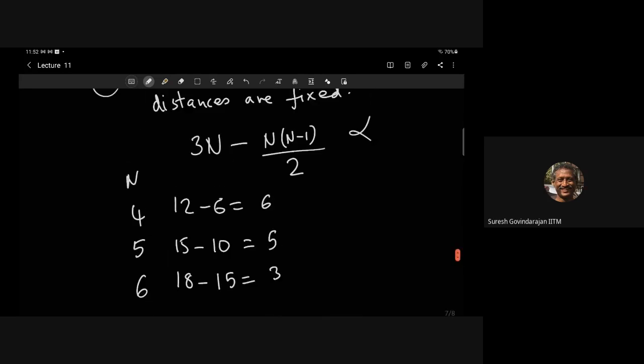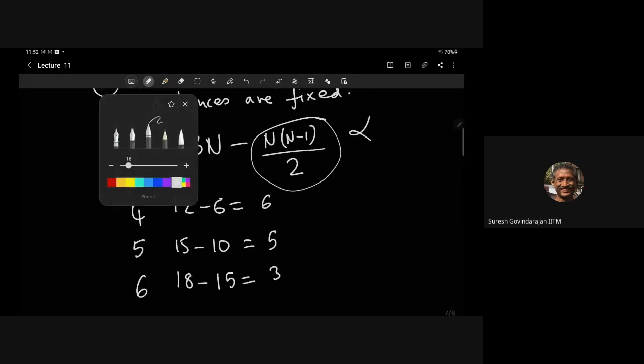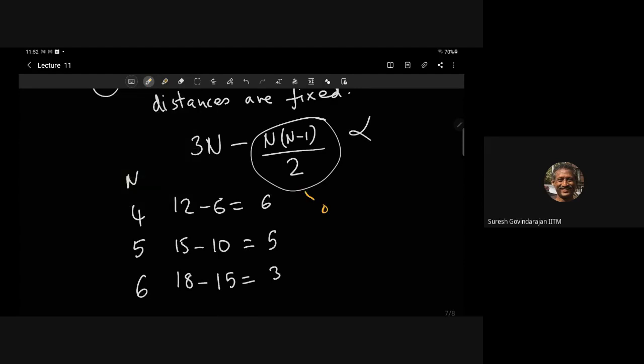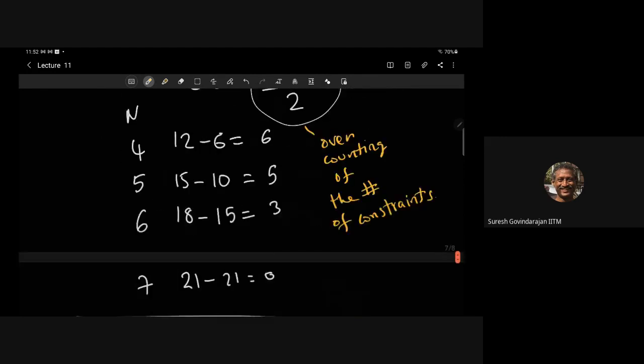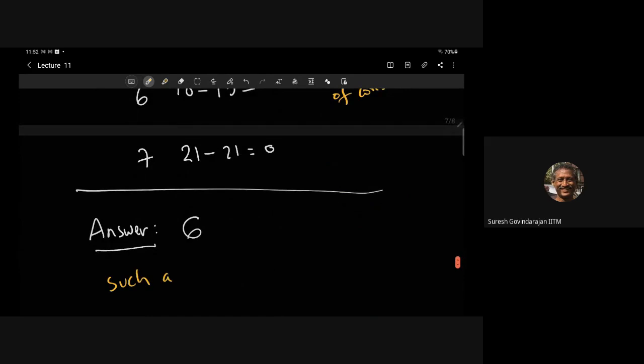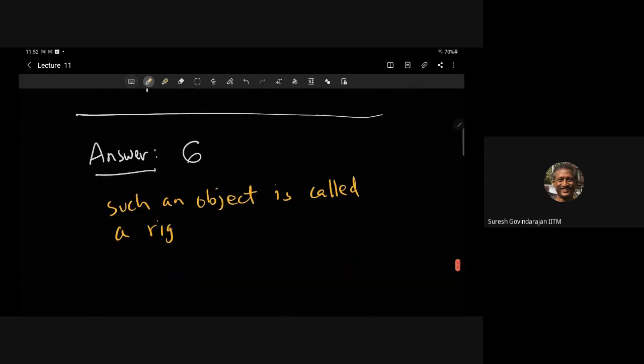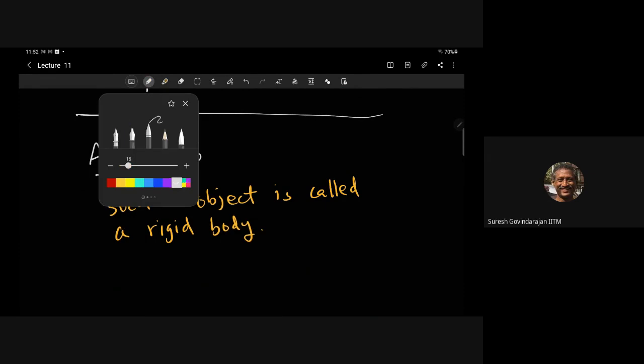But it's useful to understand where we went wrong. The mistake here is over counting. You're subtracting too much. If there is such an object, we call it a rigid body. We will see this in this course, and you may also have seen it before.